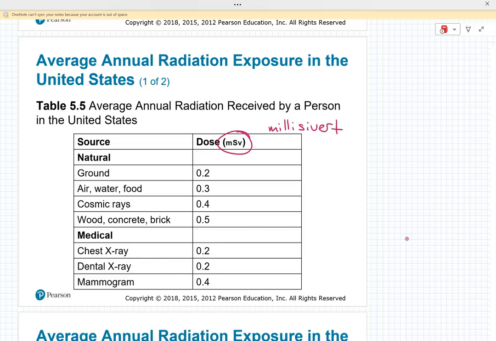Okay, this is the unit of the dose of radiation that you absorb from a certain procedure. So you can see that over 1 year, you absorb an amount of radiation just from concrete and bricks that is greater than one chest x-ray.